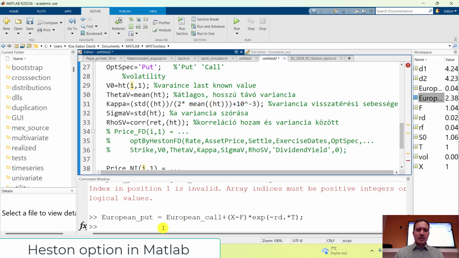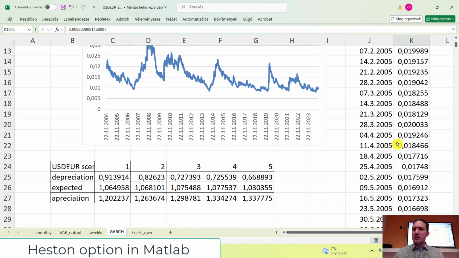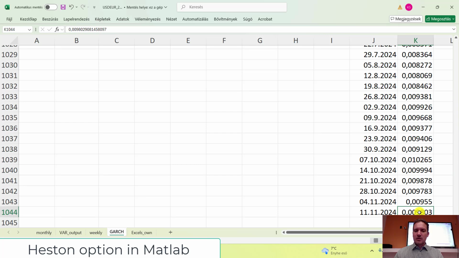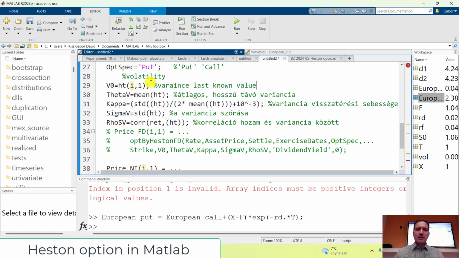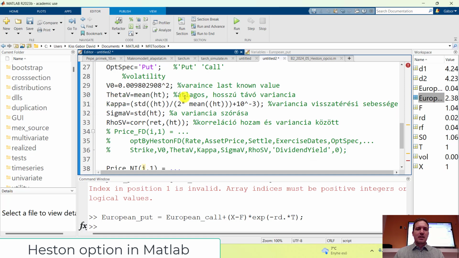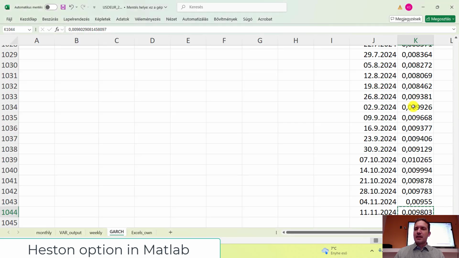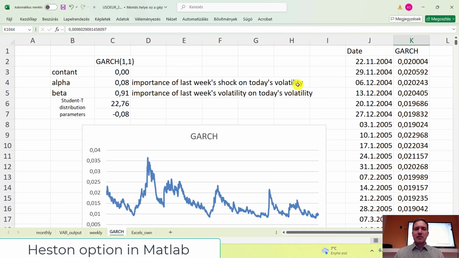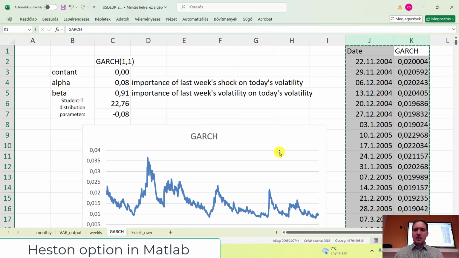So last known variance, which is sad because here we have only standard deviations, so I have to take this number and put it in squares, and after that it will be variance. Then mean. Mean of the variance. In this case we just have to calculate the mean of the variance, so it's nothing difficult.